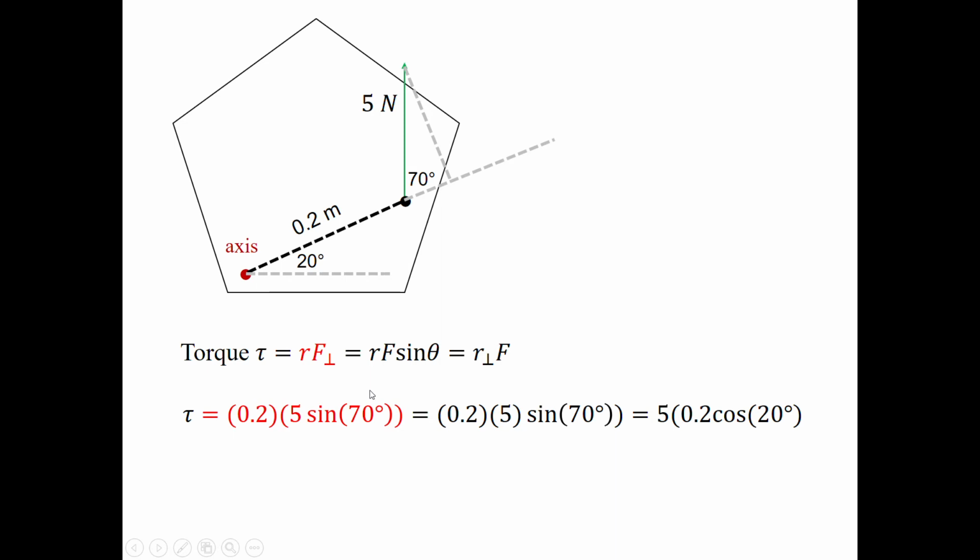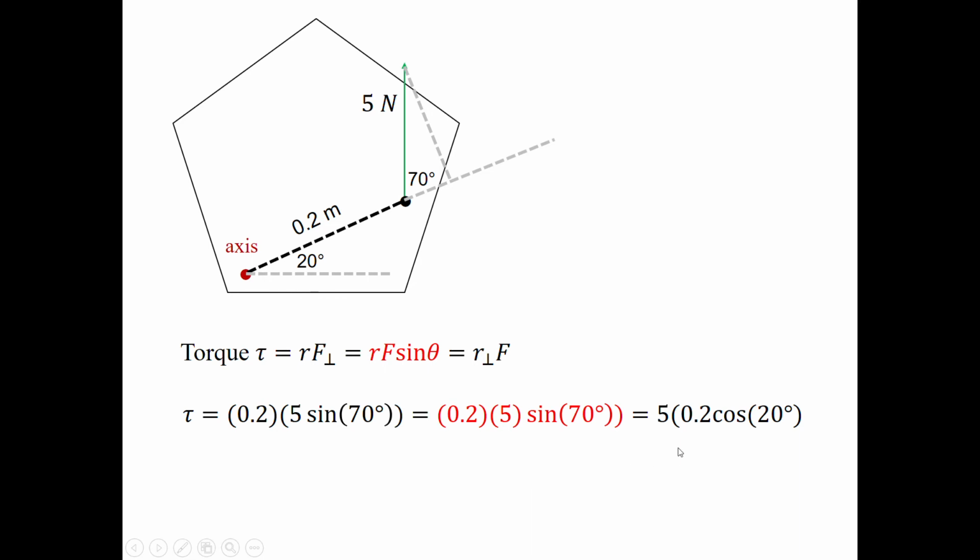That's the first way. Second way, if I use r f sine theta, this defines that angle theta. In other words, if I go along the r direction, how much do I have to deviate to get to my f direction? That's 70 degrees. So magnitude of r times the magnitude of f times the sine of 70 degrees. Of course, that's the same as the first one. It has to be.